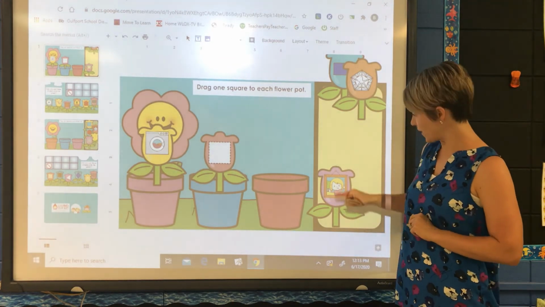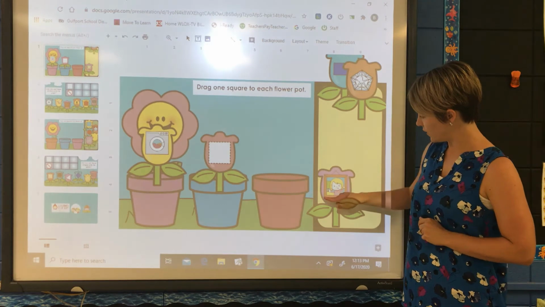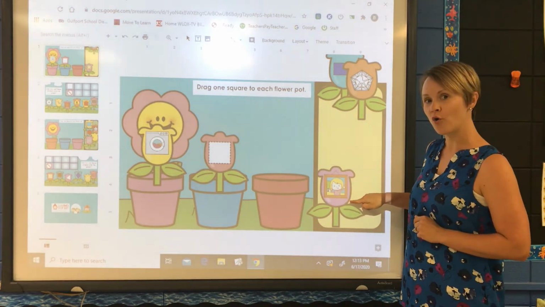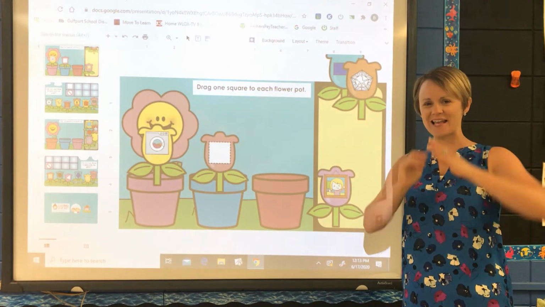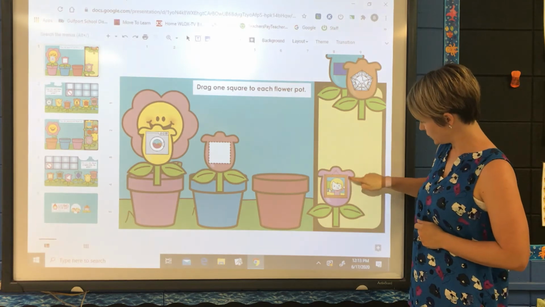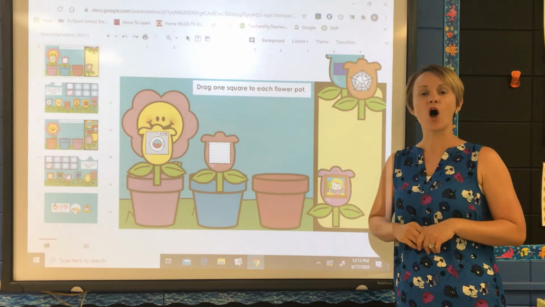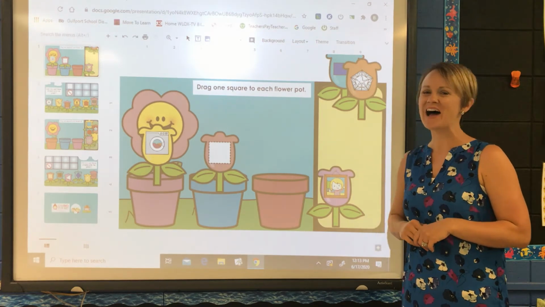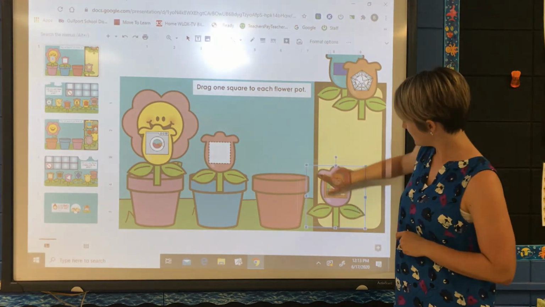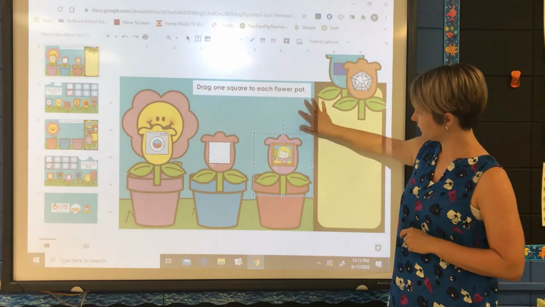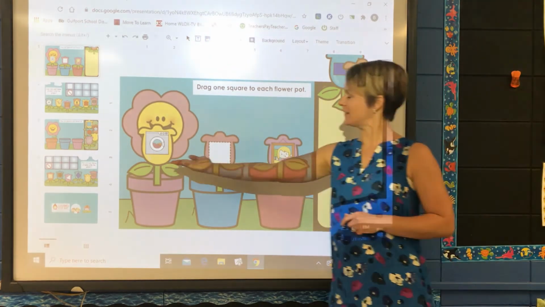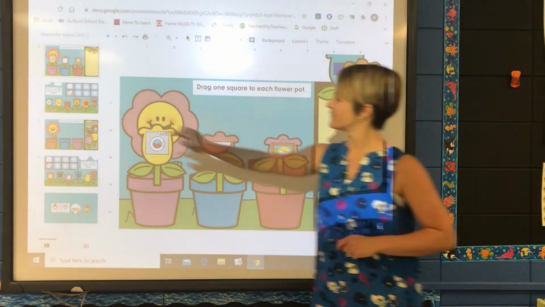This picture frame has 1, 2, 3, 4 corners that all look the same, and 1, 2, 3, 4 straight sides, all the same size. Another square. Super job finding 3 squares.